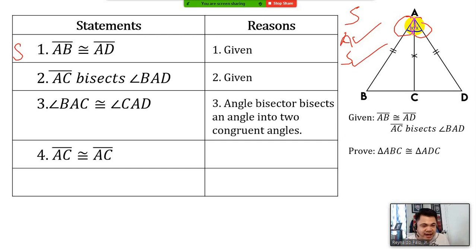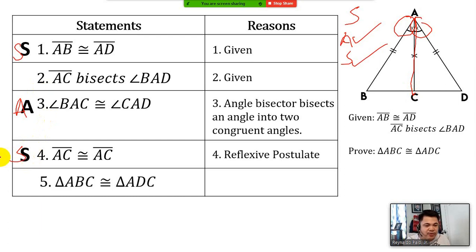Then this is the A. So let's have the last S. Segment AC is congruent to segment AC. This is also a postulate from a while back. Since this is a common segment, the reason we can give here is the reflexive postulate. So we're done with SAS. Therefore, we can say that triangle ABC is congruent to triangle ADC under the side angle side postulate.